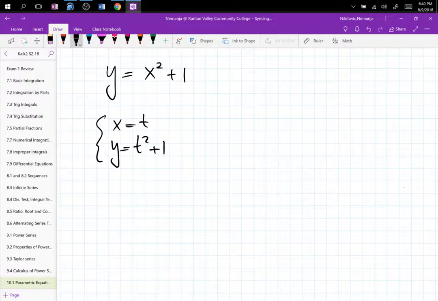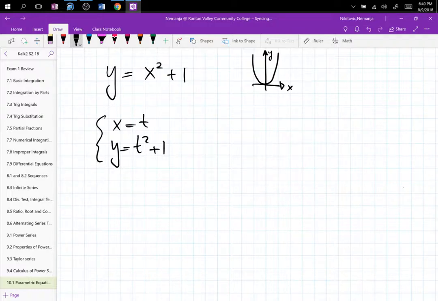Now, these two work differently. When you graph your x squared, you will have a parabola. You draw the parabola and you're done.